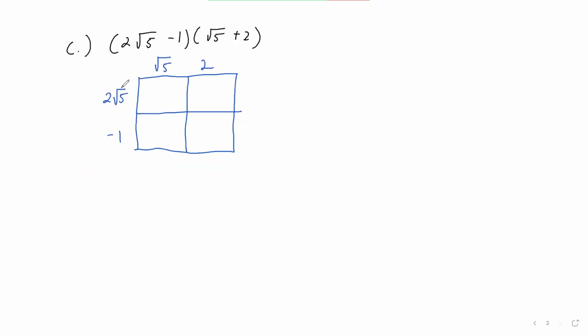So the square root of 5 times the square root of 5 would end up being what? Just 5, because it ends up being the square root of 25, and we know the square root of 25 is 5. So this will end up just being 5.